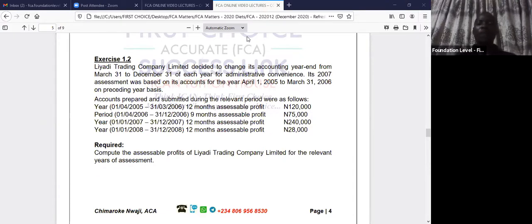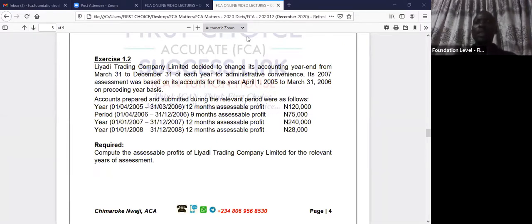Then every year when you are sending your annual returns, you will notify the CAC of the day you are making up your account. And so it means that your account ending date is important, because if you give them that, they will be expecting consistency.